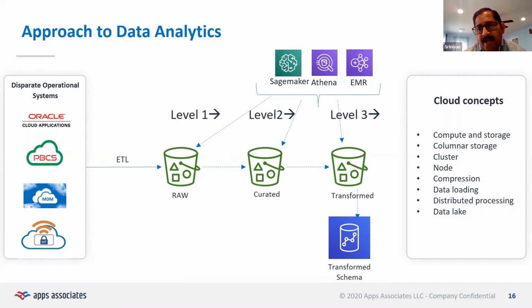And then finally, all this information is transformed into the third bucket, whether to generate KPIs that have been identified, or to generate certain reports or dashboards that can be executed for distribution.